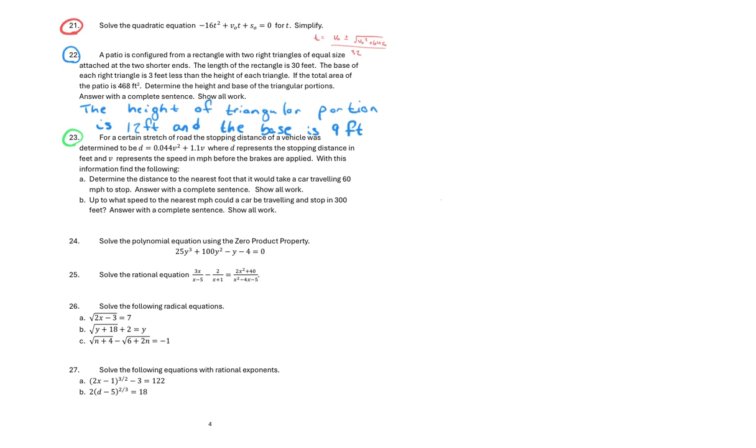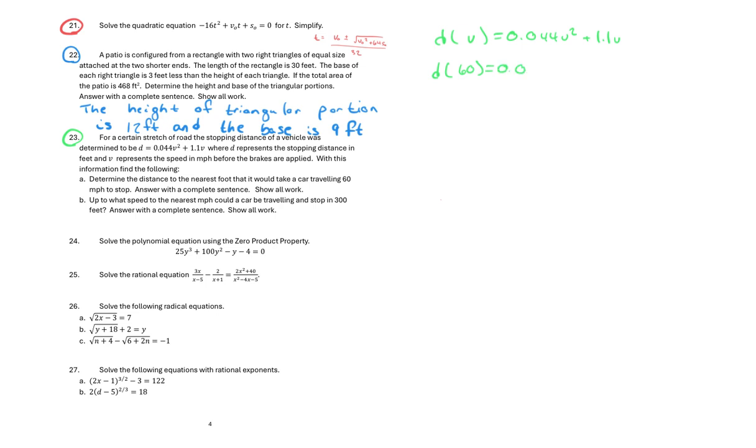So the stopping distance is given by this equation. So what we're solving for here is d of v, which is equal to 0.044 v squared plus 1.1 v. We're asked to find what is the stopping distance if v is equal to 60.